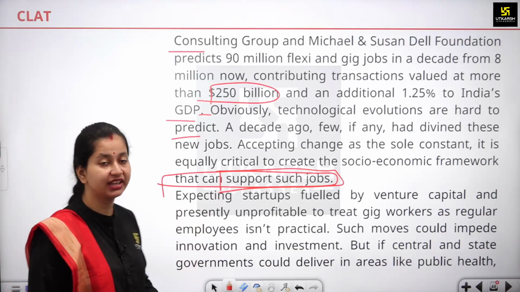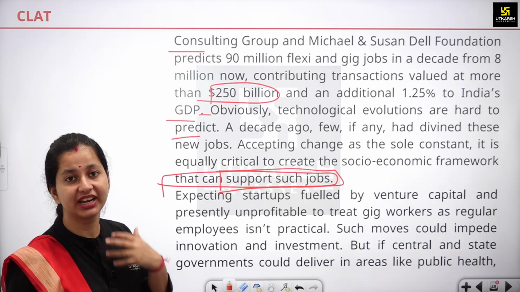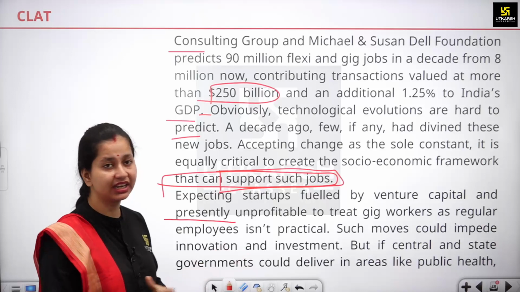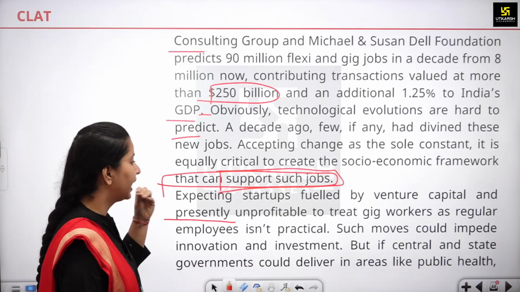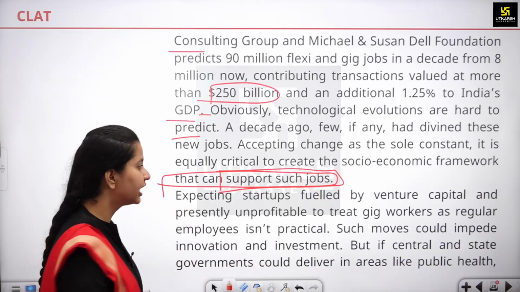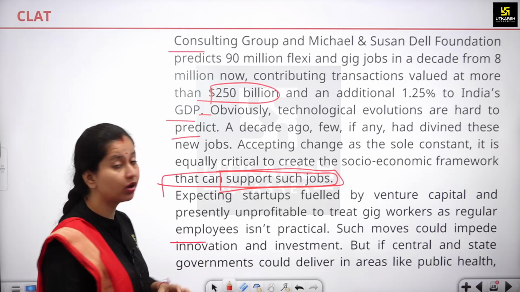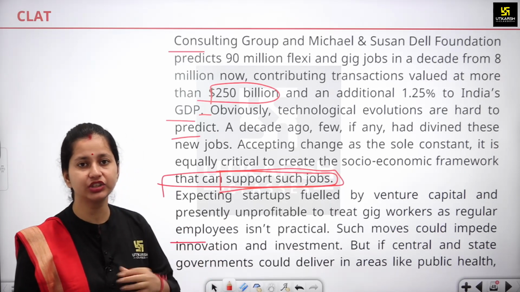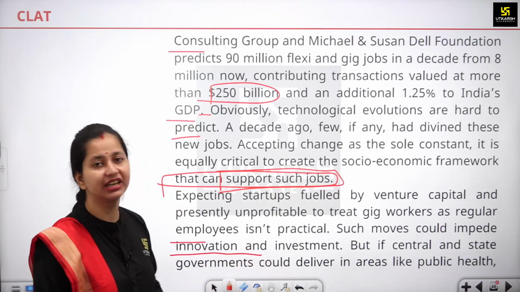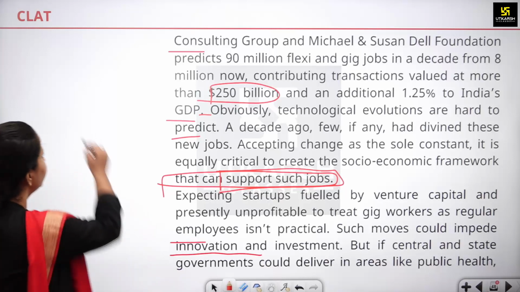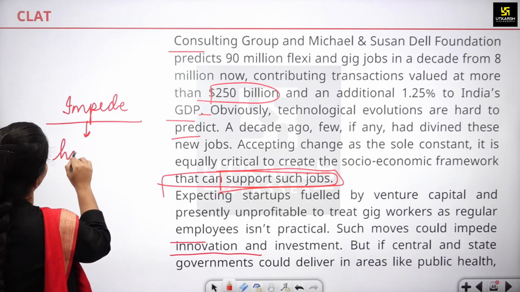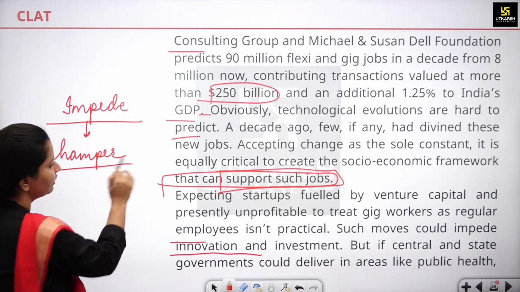Startups that are fueled by venture capital, it means they have investments, and are presently unprofitable. To treat gig workers as regular employees isn't practical. If they treat gig workers like regular employees, this is not practical. Such moves could impede innovation and investment. Impede means hamper. It could impede innovation and investment.